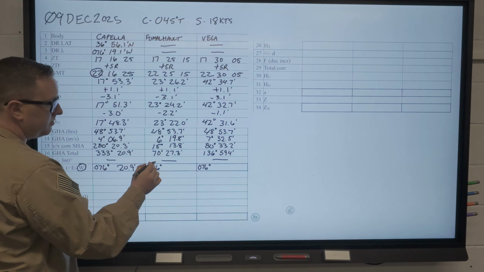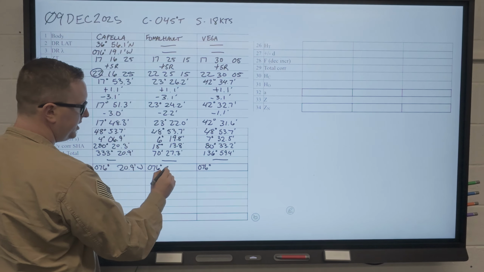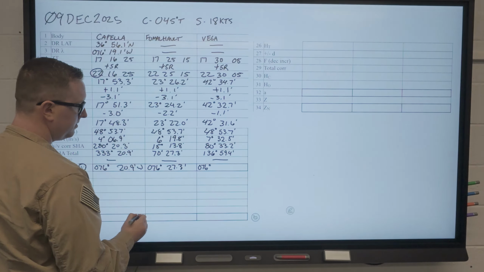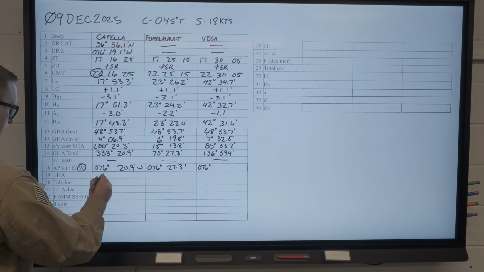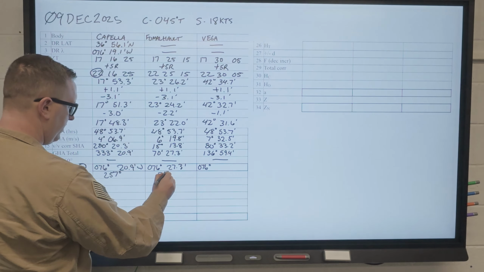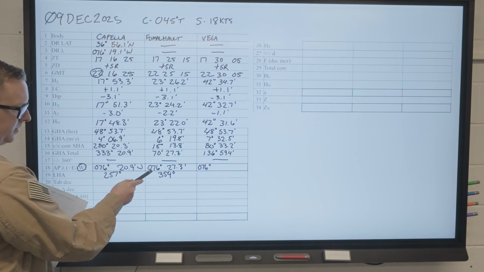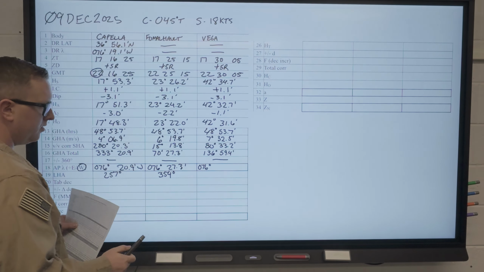For Fomalhaut, it's going to take the 27.3 from the GHA, 7.3, they cancel out. So LHA ended up being 257 degrees for Fomalhaut, 354 degrees. Obviously, you take 70 minus 76, you get a negative number, add 360 to it, 354.